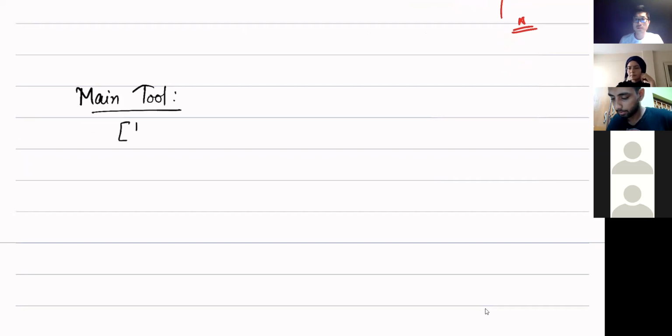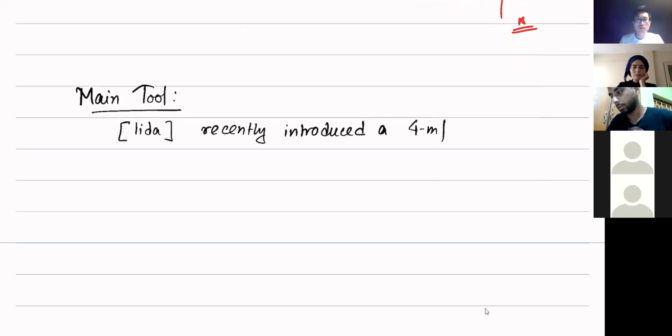Iida recently introduced a four-manifold with contact boundary invariant.